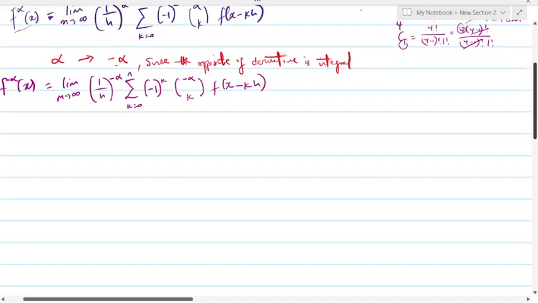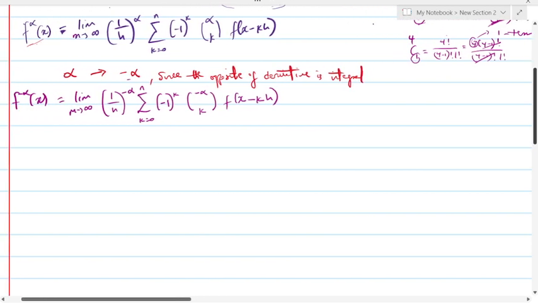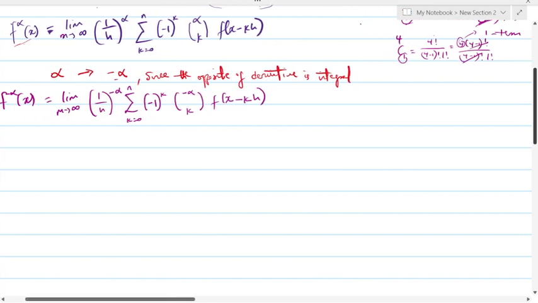Okay, so let's simplify this and see what we are going to have. The function of negative alpha of x equals the limit as m tends to infinity.